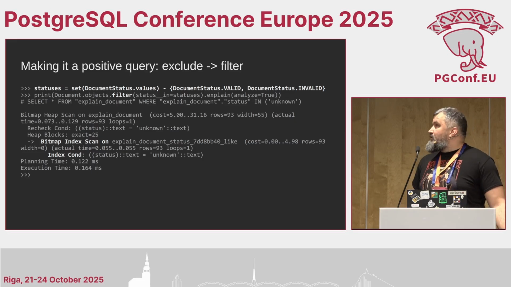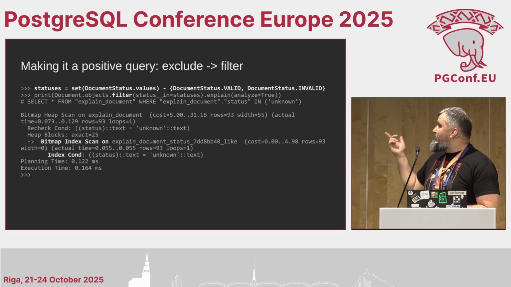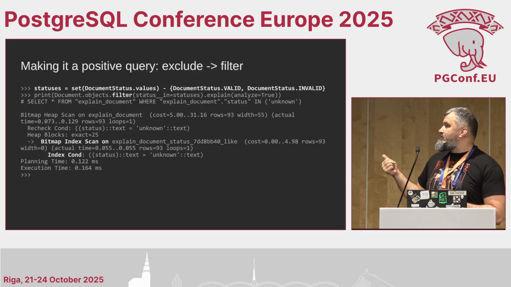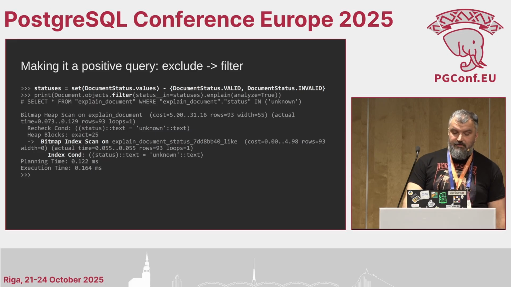So how to make it positive? Because the application knows all the possible values of documents, you can take all the possible values, subtract those that you do not want to see, and you get a positive expression, so the values you want to get. So here it gets status is unknown, and since it's a positive expression, the database can use the index, and it's fast.